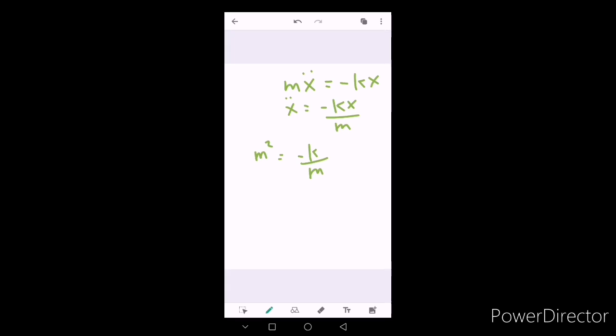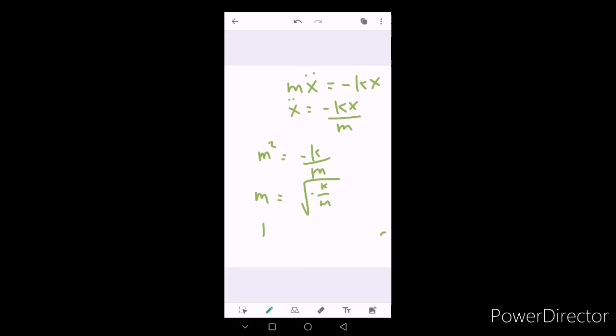Now, taking the square root, m is equal to plus or minus the square root of k over m times i.